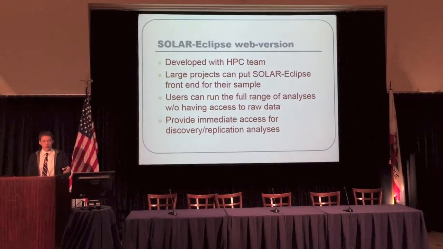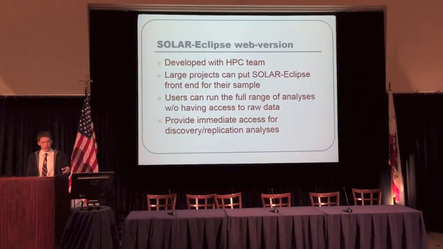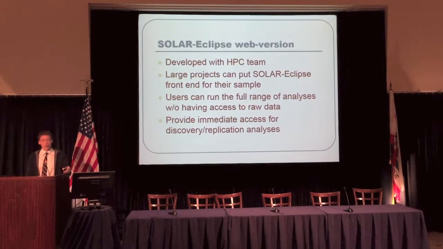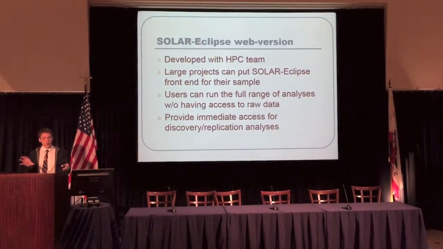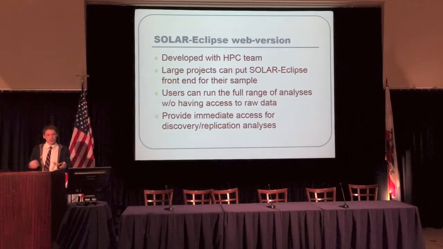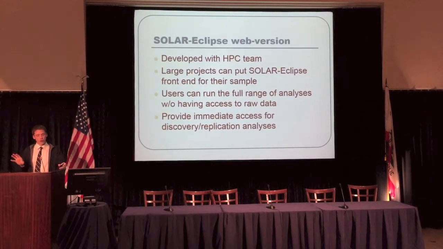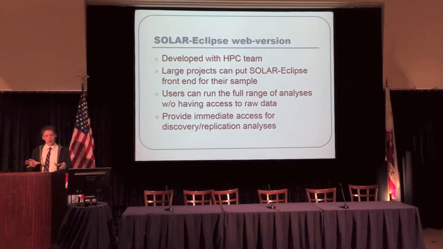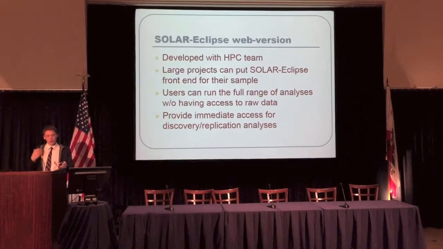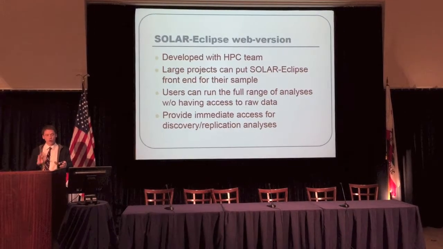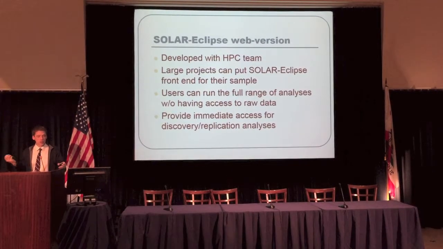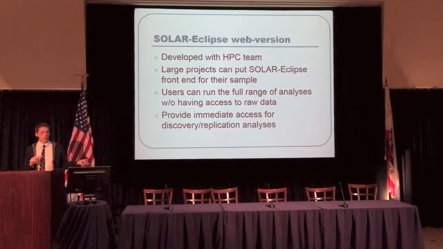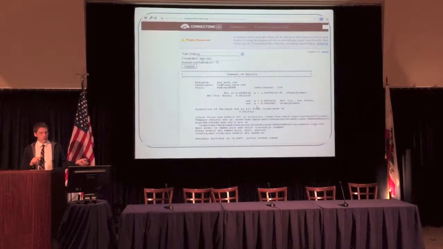Users can basically execute the full functionality of Solar analysis without having access to raw data. It's done in a secure environment where all the internal variables such as pedigree and structure are stored on your website and not distributed, providing immediate access to a discovery or replication sample for your users.